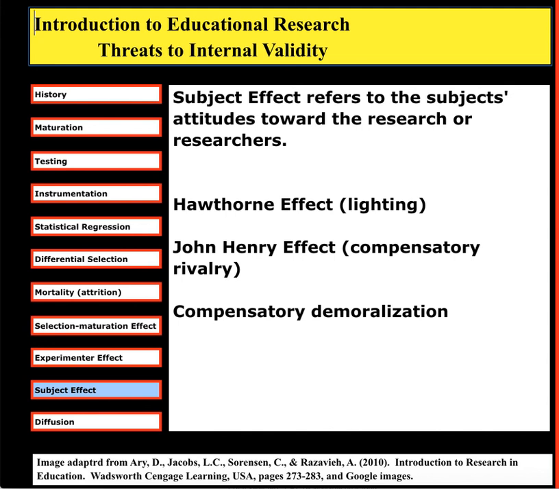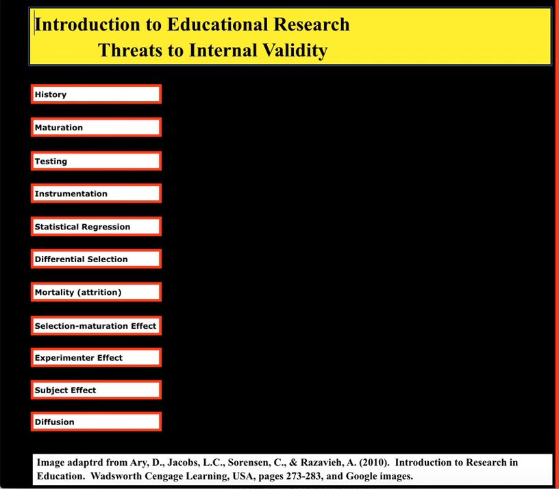But all of these result from the subject's attitudes towards the researcher or researchers and how the subjects think the researchers are expecting them to respond, or they may get annoyed because they think that the experimental group is getting extra treatment, and so they're going to screw up the study, and so they don't perform like they should. But these are all subject effects that can be threats to internal validity.